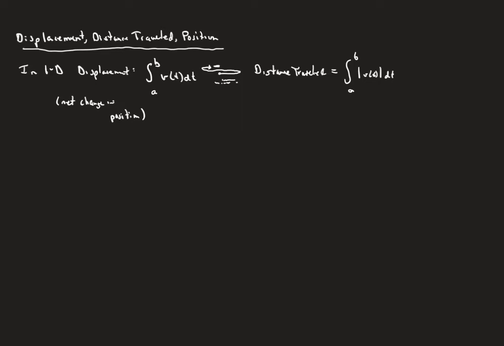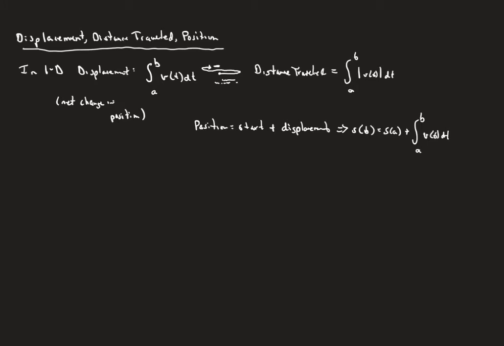The position, so remember we've talked about this, our position is going to be equal to our starting place, where we started, plus the displacement. So how did our position change? In general, our position at time B is going to be where we started, our position at time A, plus our displacement, our net change of position, that integral of the velocity.